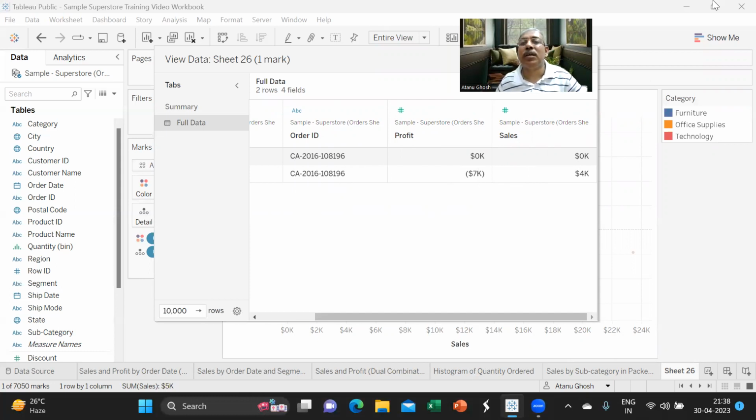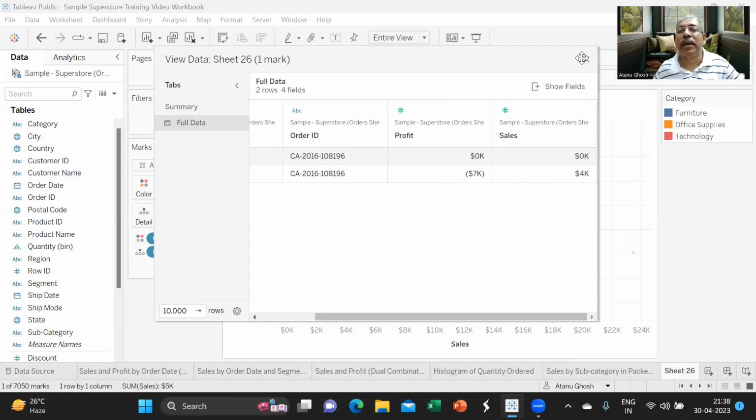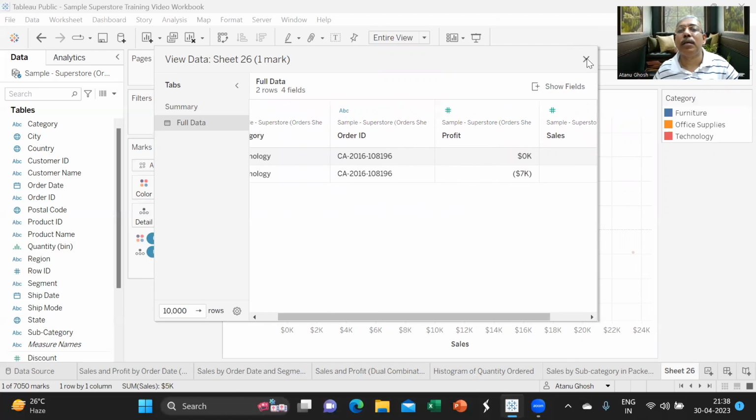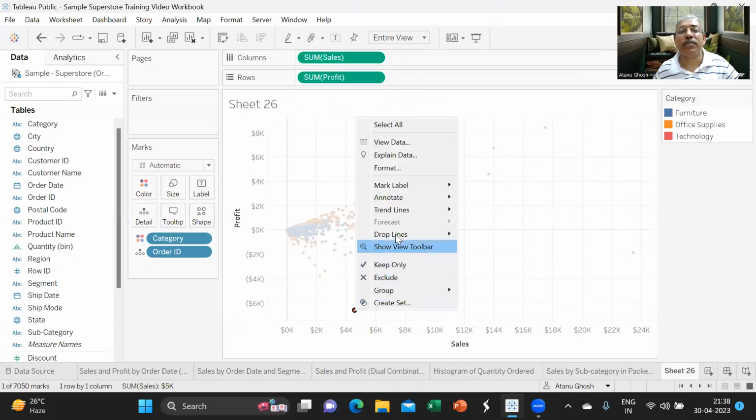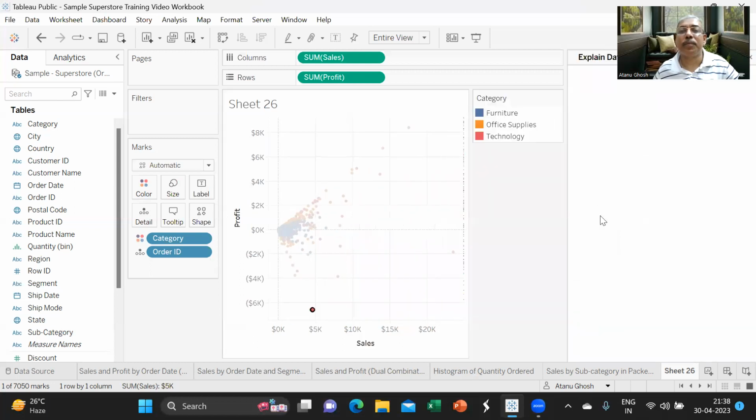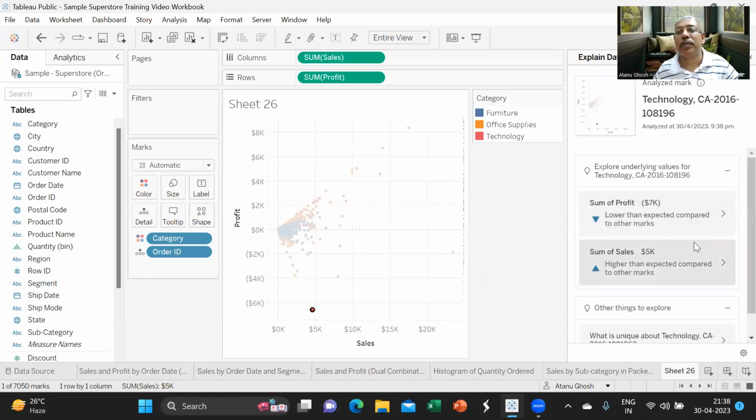And if we get to the explanation of this, just ask Tableau to explain the data, and it says that the profit is lower compared to the other marks.